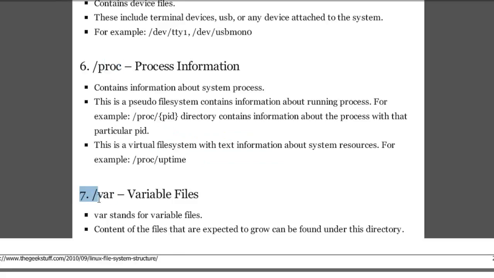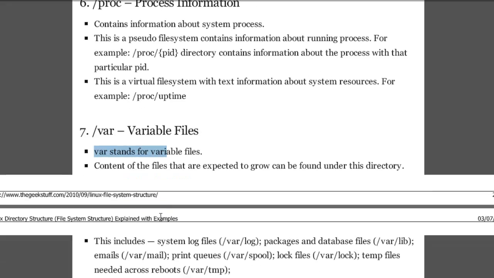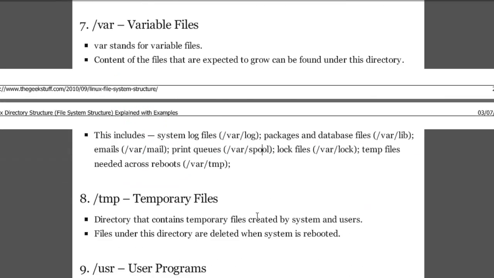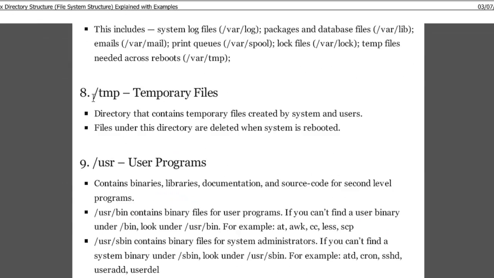/var is also one of the important directories under the root directory. /var stands for variable files, and it includes various packages and so on. After that there is /tmp, for temporary files.